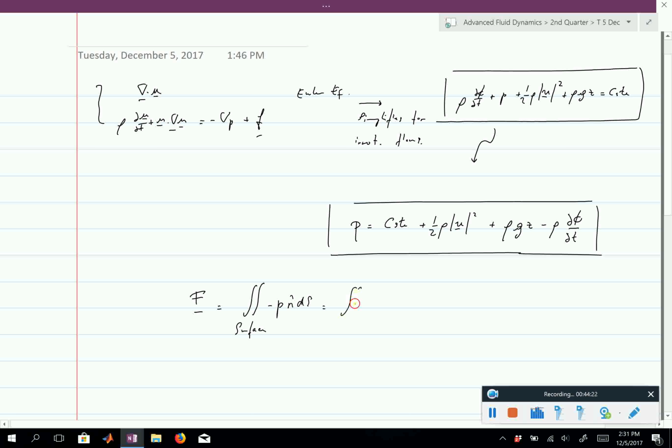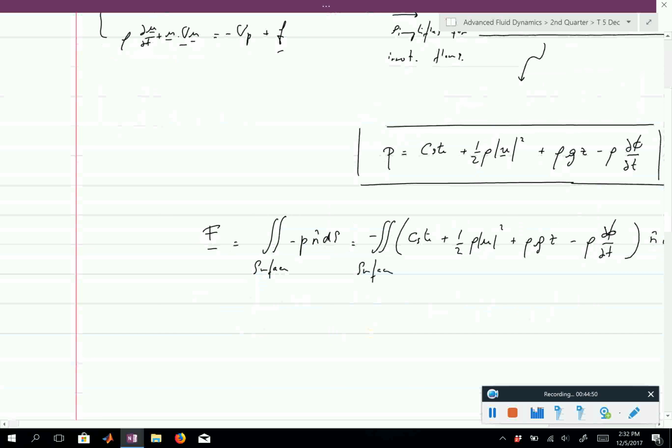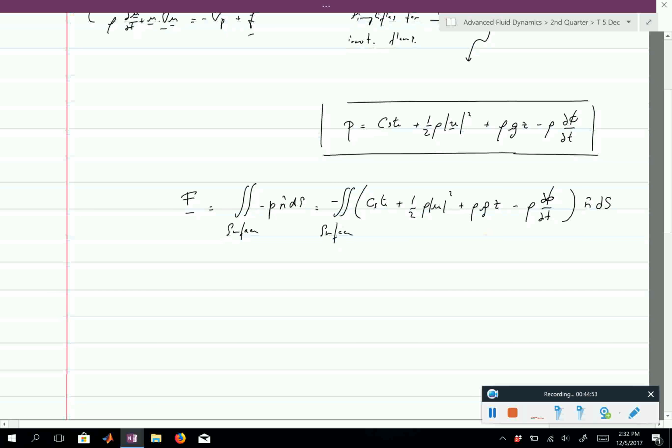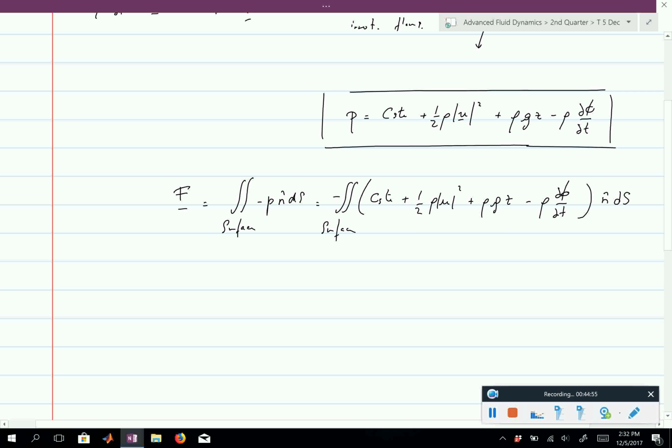So this is equal to the double integral over the surface of, I'll put the minus sign outside, the constant plus 1/2 rho u squared plus rho gz minus rho partial phi over partial t onto n dS. So this is my force. Yeah? Do we all agree on that?